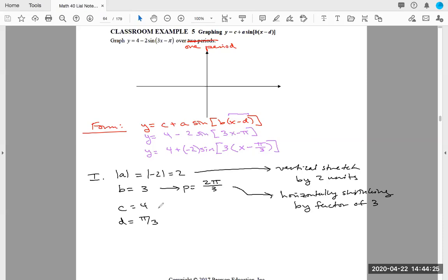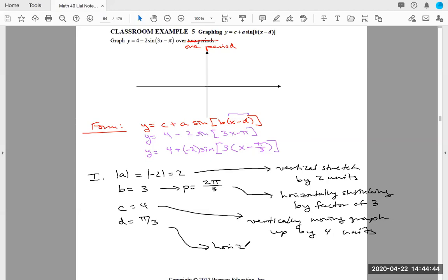And then we are vertically moving the graph up by 4 units, and horizontally moving the graph right by pi over 3 units. Okay, the gist of things.